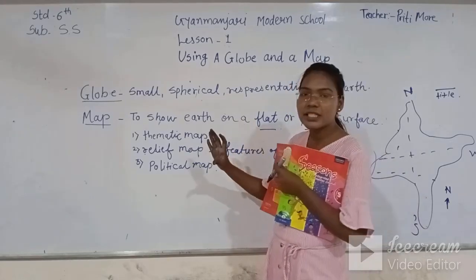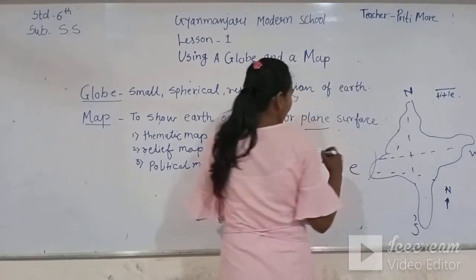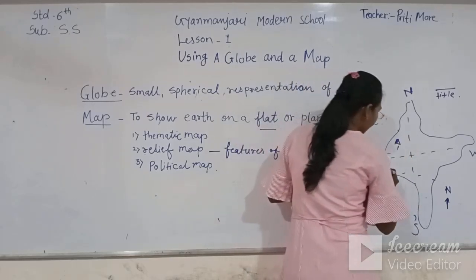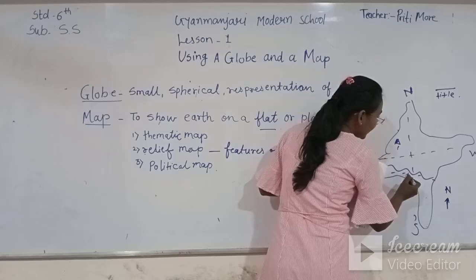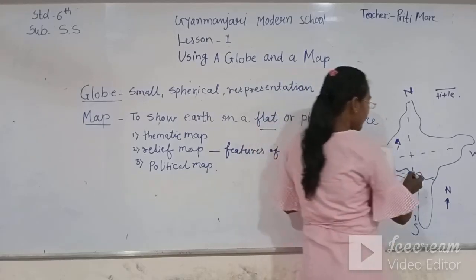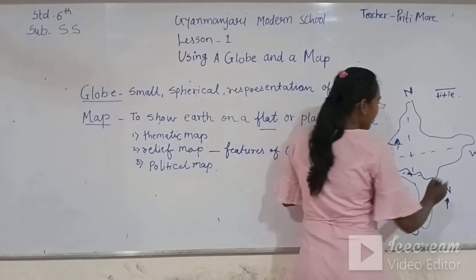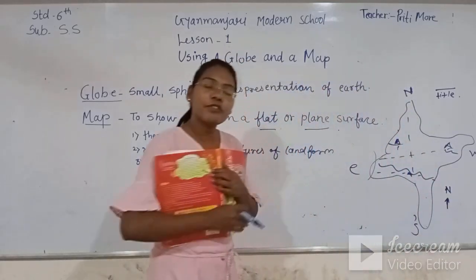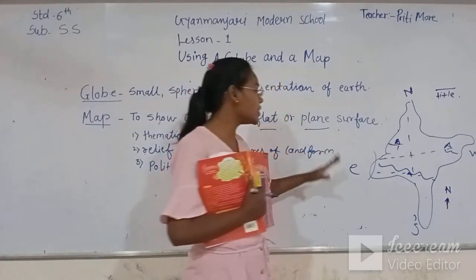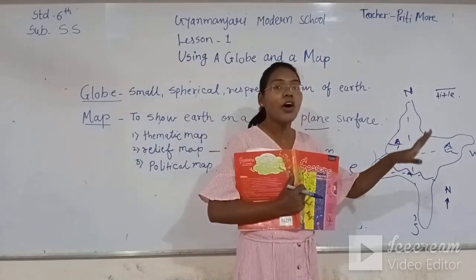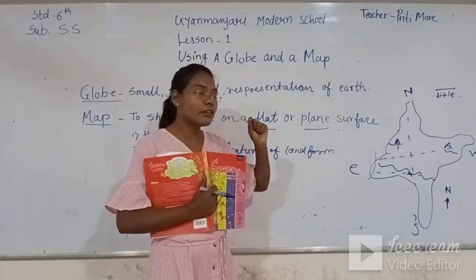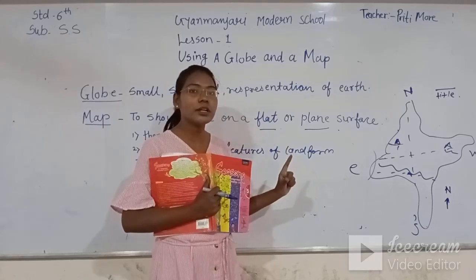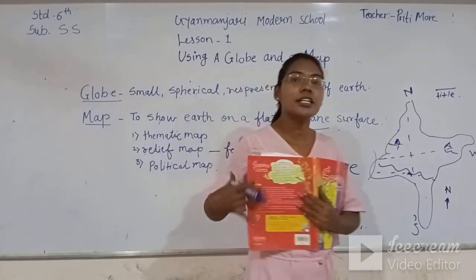If we have to show the mountains, there is a different shade, and if we have to show the river, then it has a different shade, and for desert, a different shade. The map makers use different color shading to highlight a particular space.